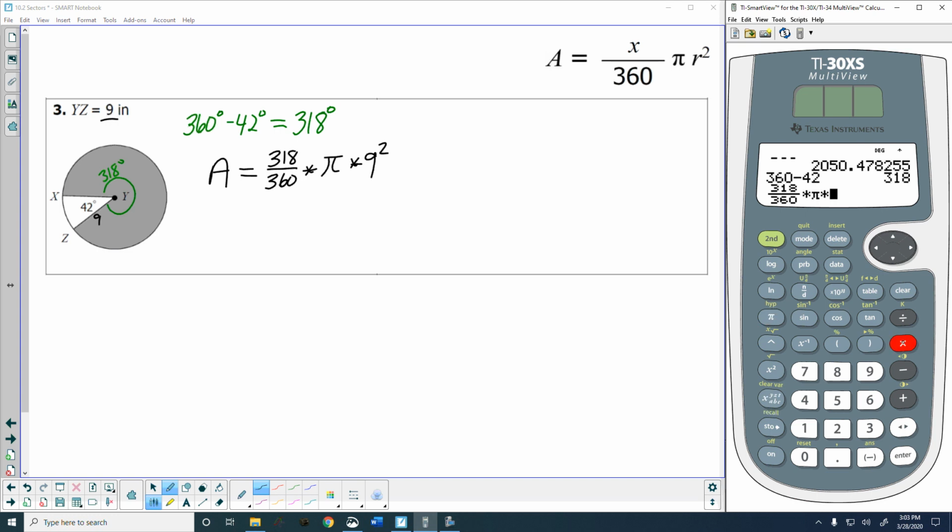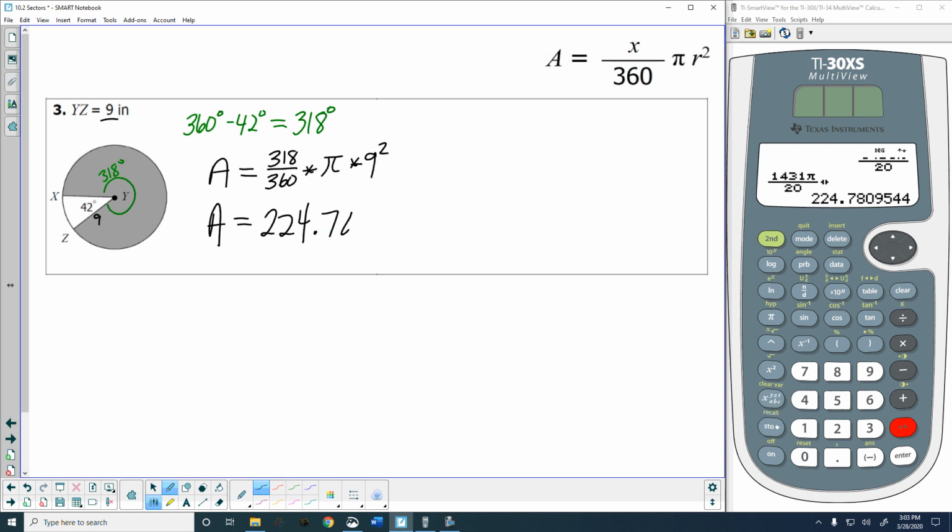Pi times 9 squared. All right, and again, use that converting button to get the decimal. So the area of that sector is 224.78. Our units are square inches.